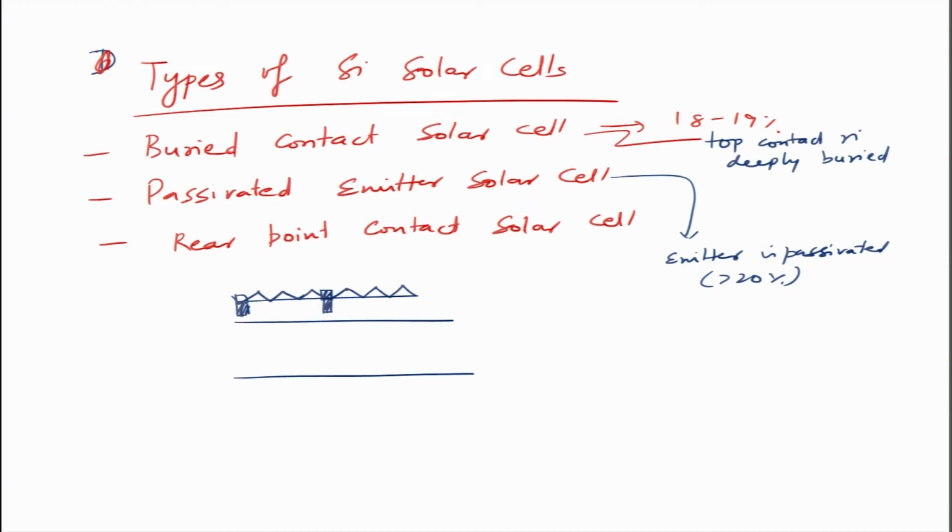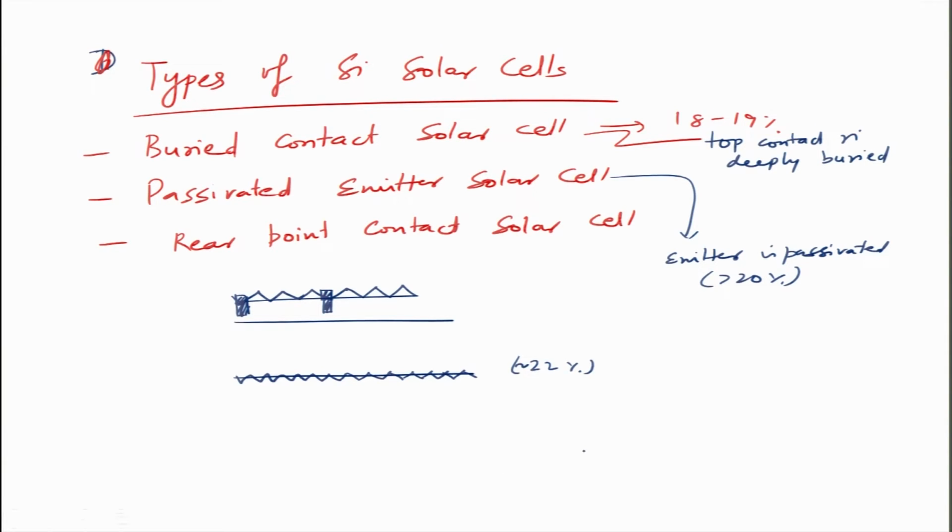Okay. In the rear also you can have contact in this fashion. So this is point contact at the rear. So people have done this, they have got efficiencies of the order of 22% or so.